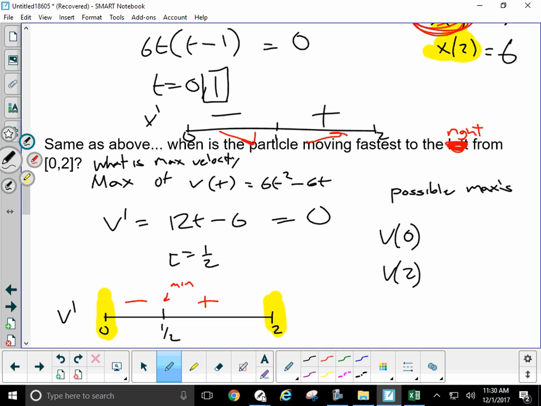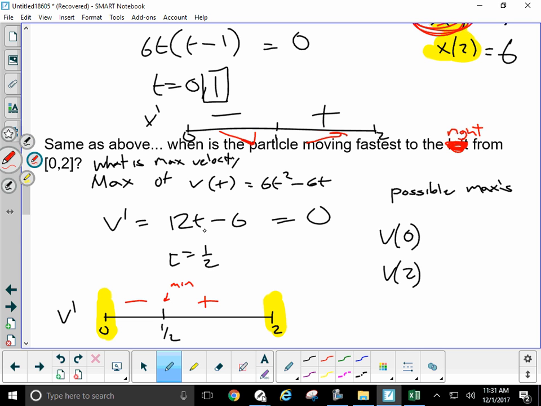Now, it's important, after you do your analysis, you eliminate the candidate of 1/2. That's gone because you know that's going to be the min velocity. The possible maxes are going to be at the endpoint 0 or 2. We don't know which one it's going to be, though. It could be either, so it's important to check. Now, what are you checking?